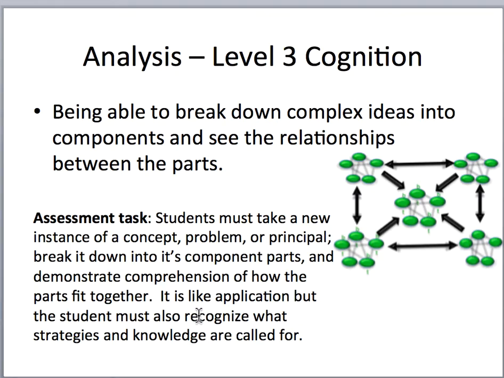Very standard format. Movies follow the same kind of script, even though the people and the places and the events are different. So analysis is being able to look at any type of government to see how it's organized, or any type of painting to see how the pieces and the colors and the theme and the mood are put together.